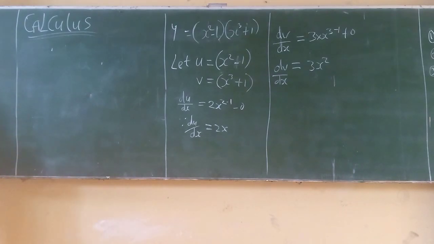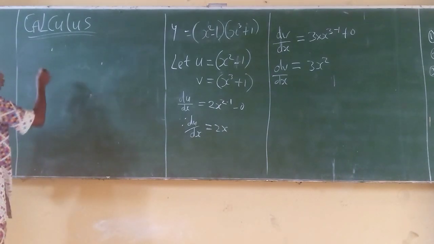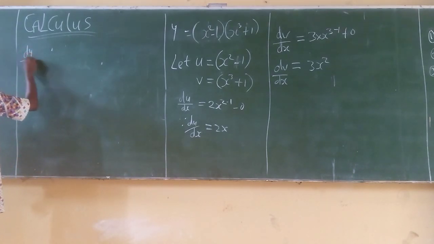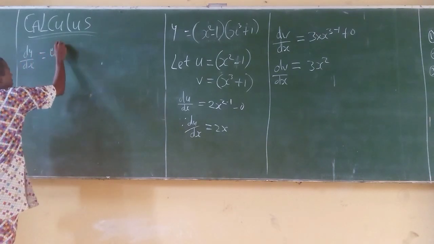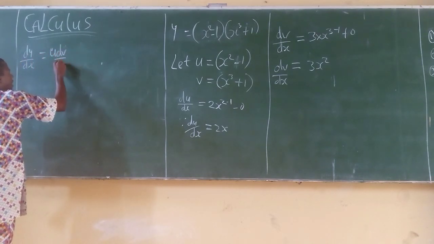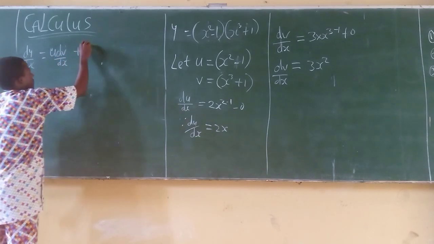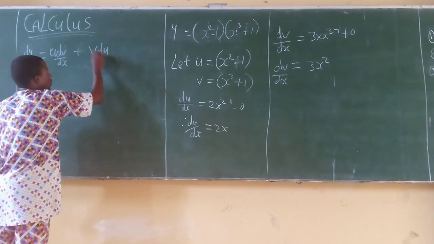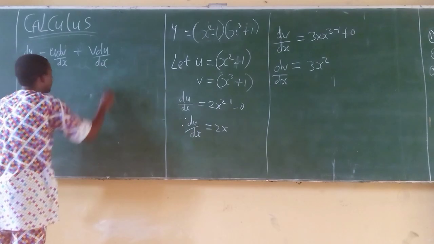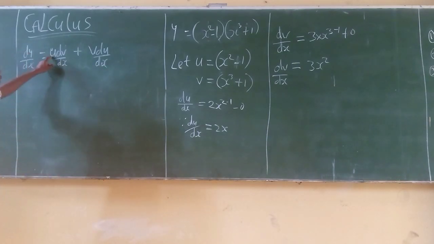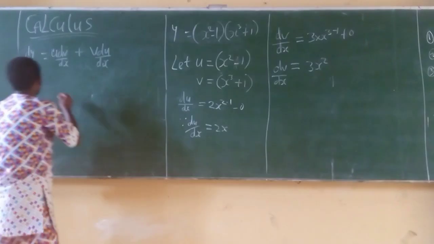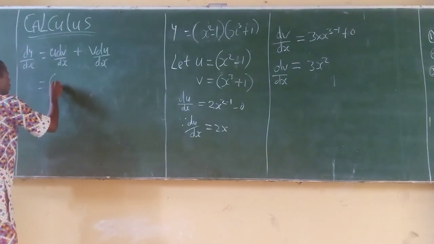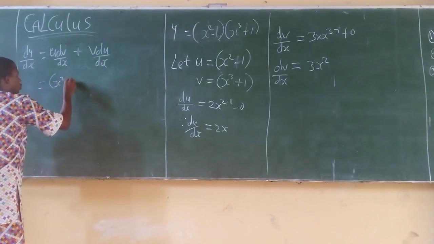Now, what we're going to substitute, you know that our product rule was given by dy over dx equals u times dv over dx plus v times du over dx, right? Now, assume that our u equals to what? x squared minus 1. So we put our u is equal to x squared minus 1.